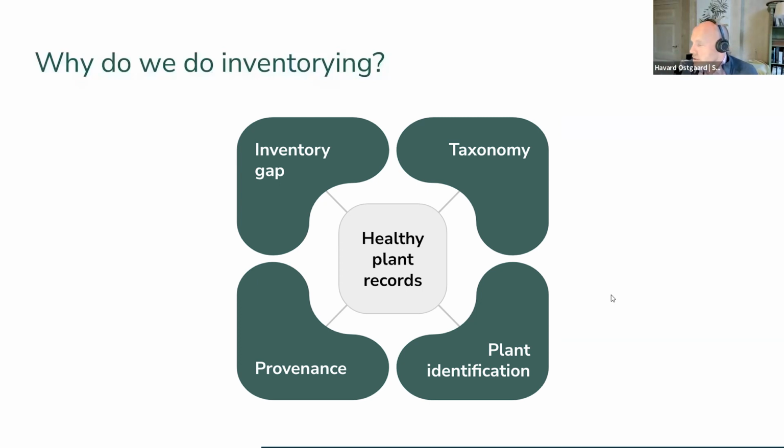And the last part, which many struggle with for good reasons, is plant identification. You might think it is such and such species, but it might require a specialist to clarify that. So how good is your plant identification? All those four things combined define how healthy your plant records are. Some of these things are practical, but we think still, why did we talk about this?